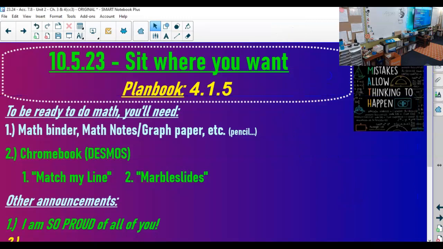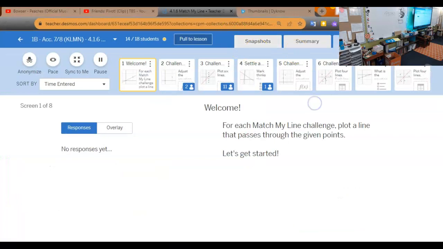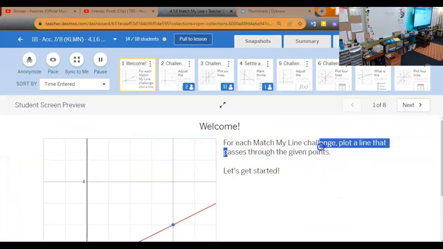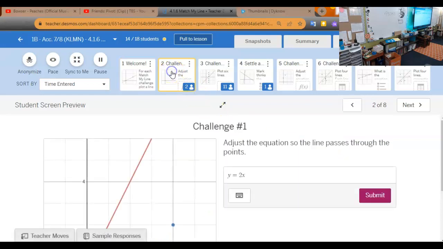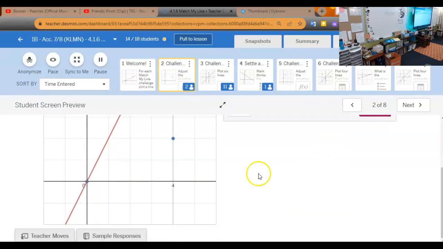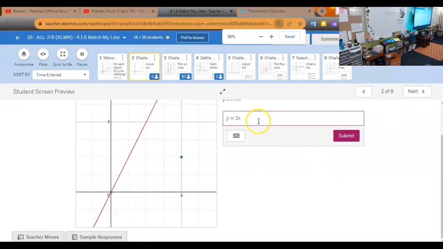So Match My Line starts by saying, plot a line that passes through the given points. On slide 2, it says adjust the equation so it passes through. Let's do random cards. Laurel, can you tell me what you did to get it to go through the point?